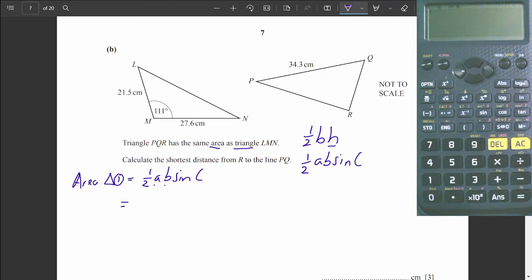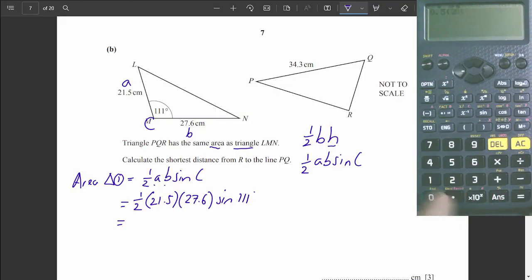A and B being the two sides we have in any order, and C being the angle we have. So we do half A is 21.5 or 27.6, and the second one 27.6 or 21.5, any order, and then the angle 111. So let's put that into our calculator.